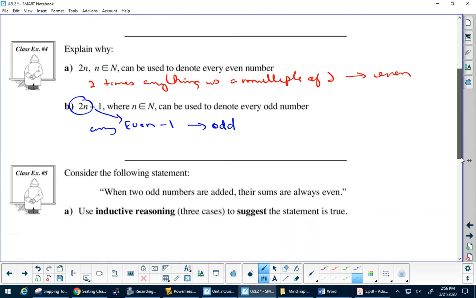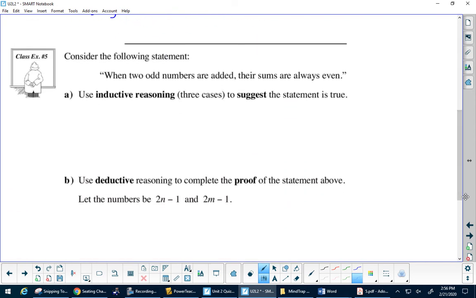Okay, so now we're really going to see the difference between inductive reasoning and deductive reasoning to solve the same problem. When two odd numbers are added, their sum is always even.